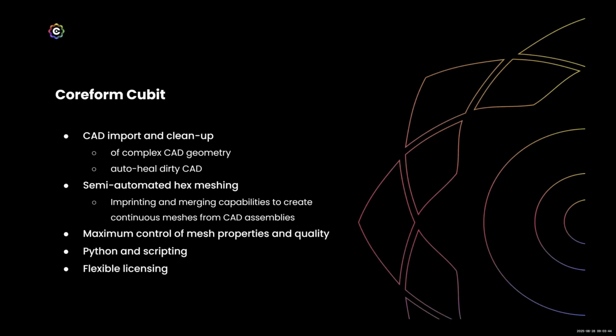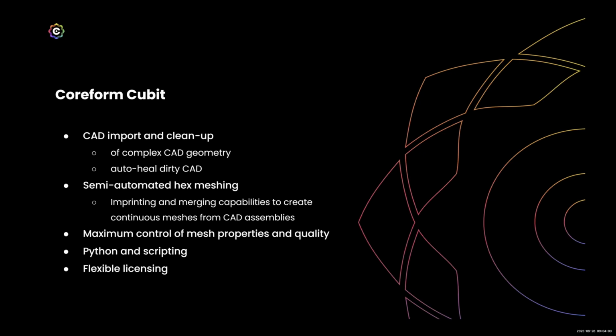Coreform Cubit is a high-end hex meshing software. It's used primarily in high-end structural engineering. It's also used in CFD, with neutronics, and in lots of applications where people need hex meshes and fine control of their mesh.